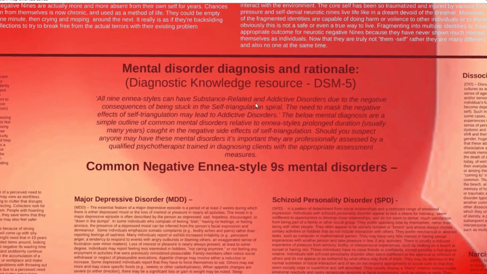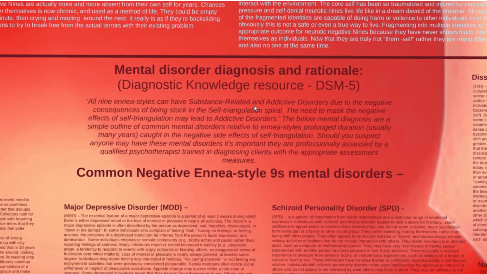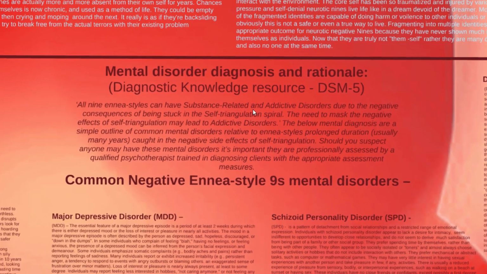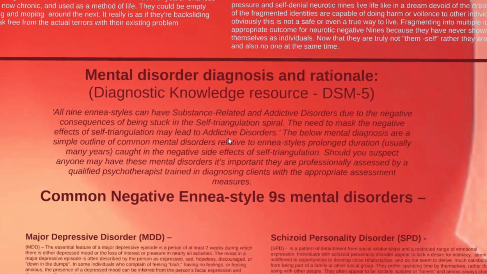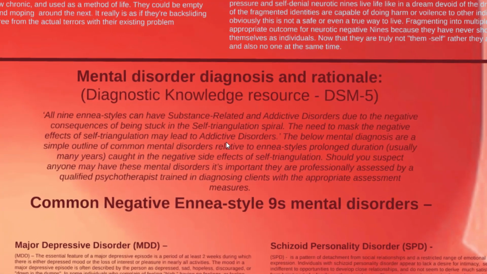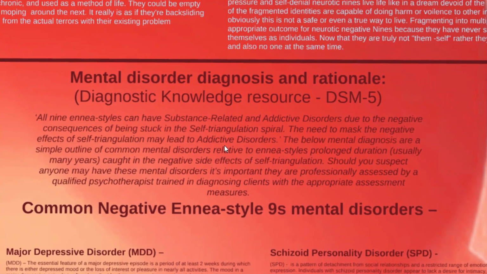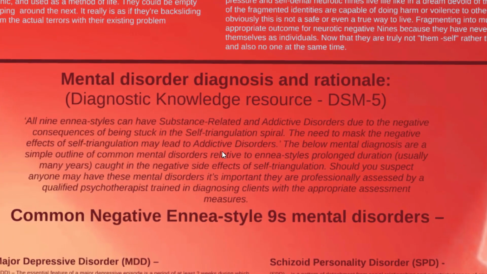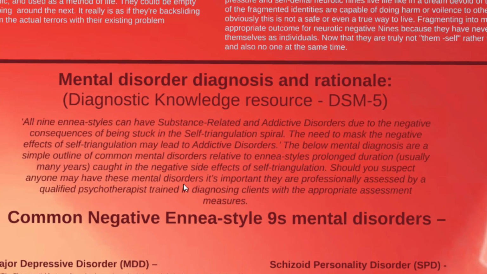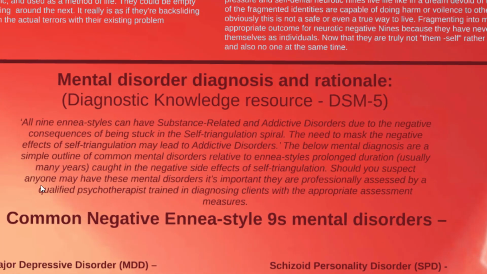And I just wanted to quickly touch upon this, is that when somebody is stuck in the negative attributes of the self-triangulation spiral for many years, it's most likely that they will develop some type of behavioral disorder or personality disorder and negative mindset that can be represented in the mental diagnosis and rationale.